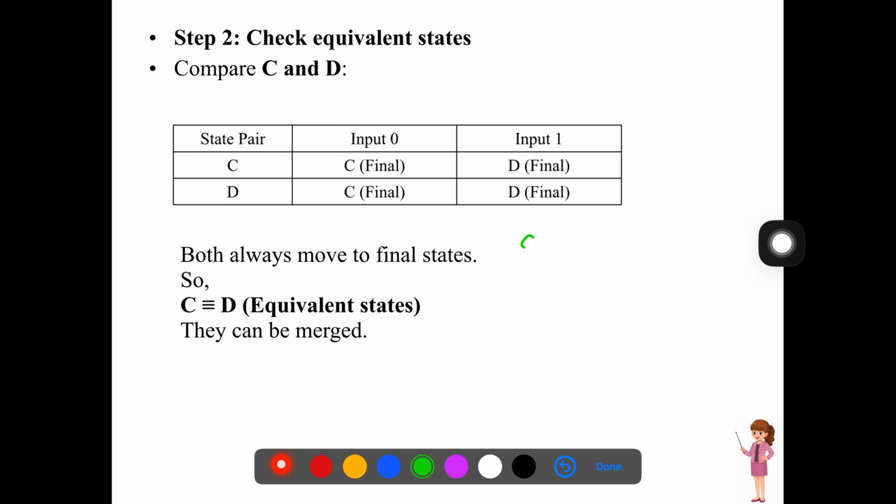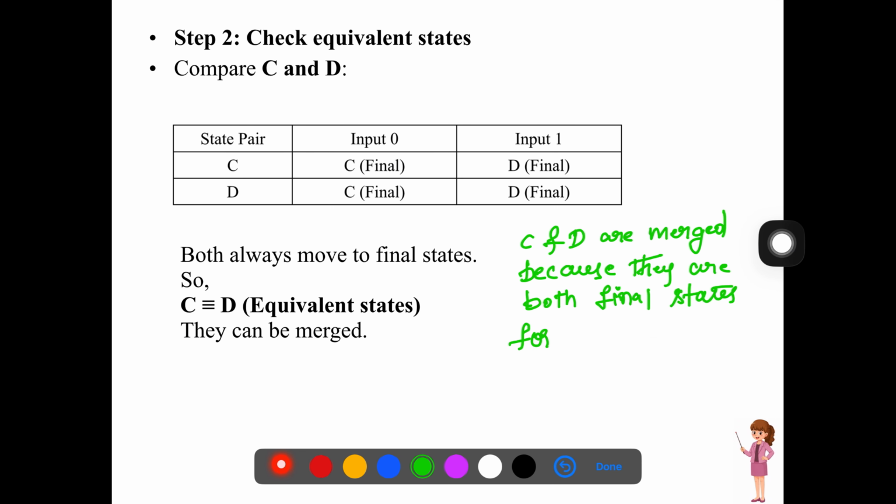So C equals D, which is an equivalent state, because in both state pairs, C also has it, D also has it. So they are equivalent, so they can be merged. Both states have the same transitions to each state, so it is equivalent.